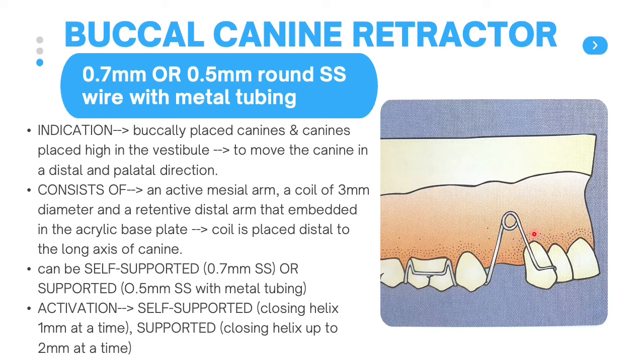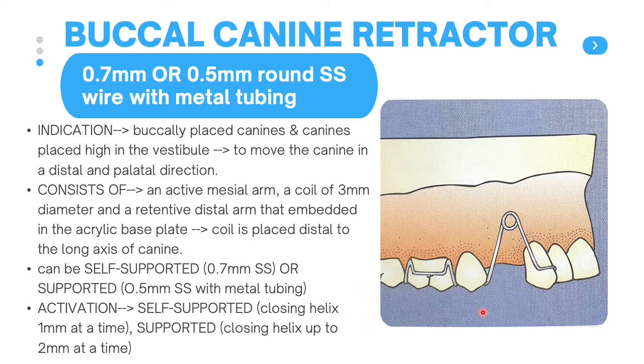Okay. And it consists of an active mesial arm, okay, and then a coil of 3 mm diameter and the distal retentive arm that are banded in the acrylic base plate at the palatal part. And then the coil is placed distal to the long axis of the canine.